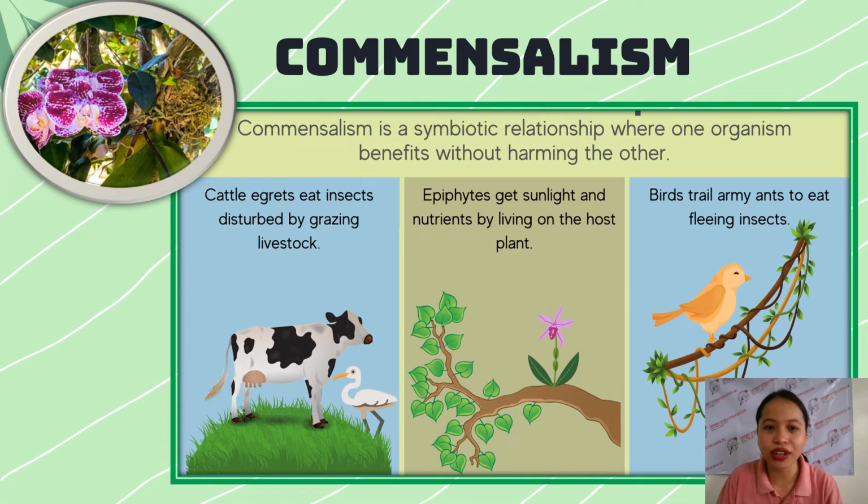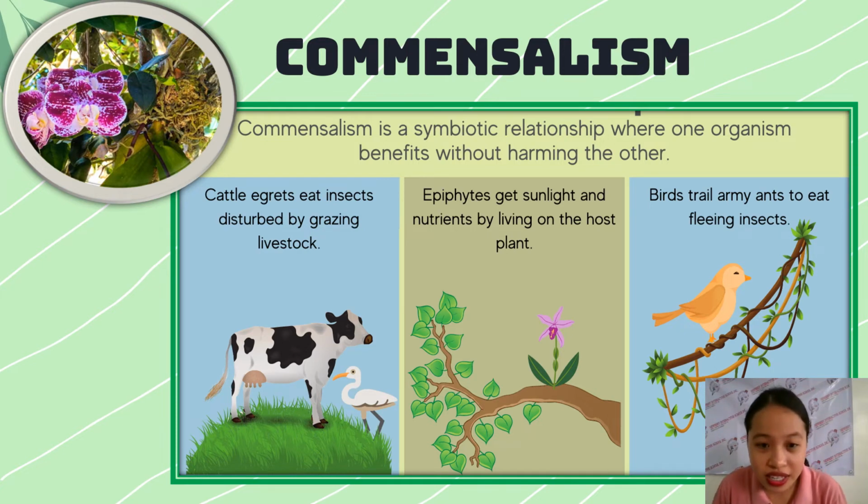Okay, next we have commensalism. As you can see there, this is a symbiotic relationship where one organism benefits without harming the other. Okay, what are the examples? As you can see in the picture, we have the first: the cattle egrets eat insects disturbed by grazing livestock.